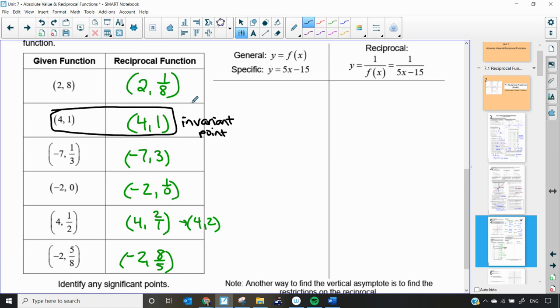And if you want to just label that as IP, that's fine, or you could just write out invariant point. Now we have another significant point here, and that's when we have -2 comma 0 and -2 and 1 over 0. This is now undefined, and if it's undefined, that means that we're going to have an asymptote at x equals -2.